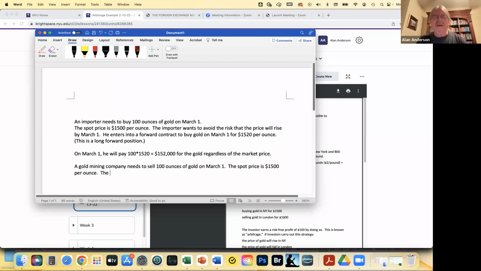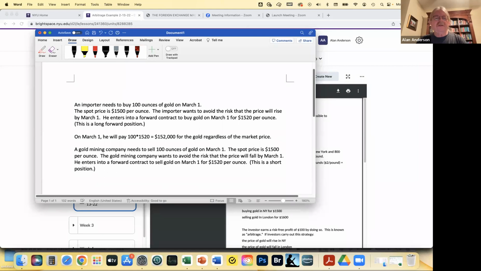The gold mining company wants to avoid the risk that the price will go down, so it agrees to sell for 1520. Well, and then this is a short position.